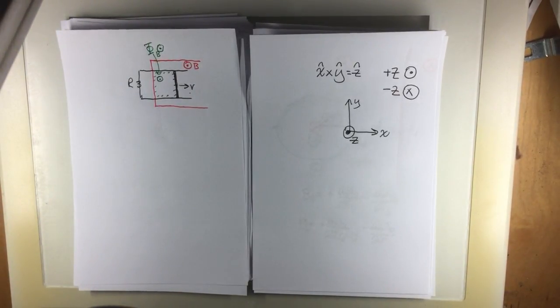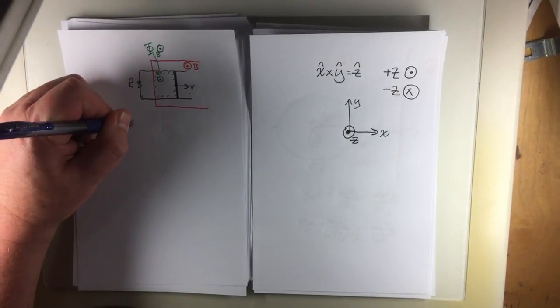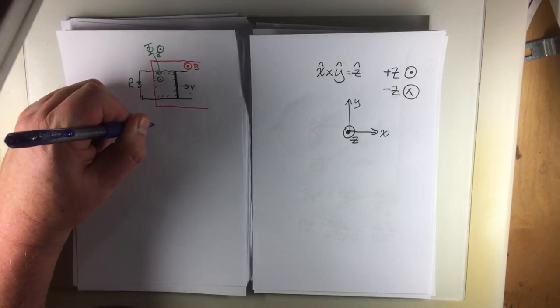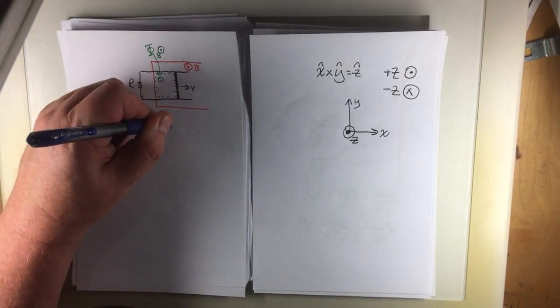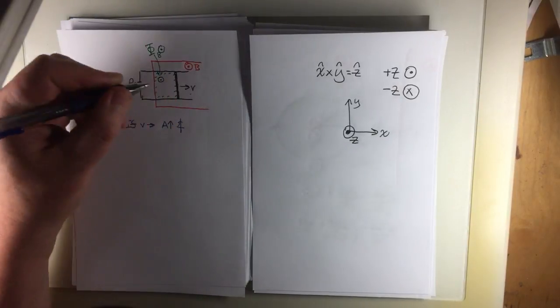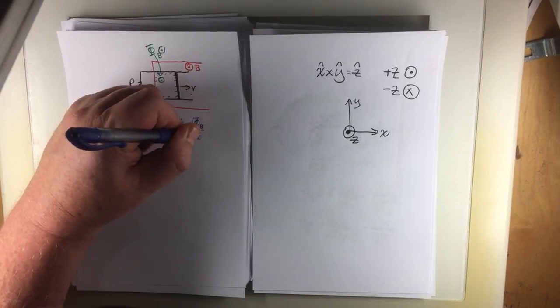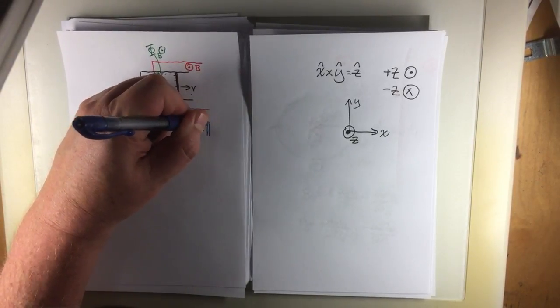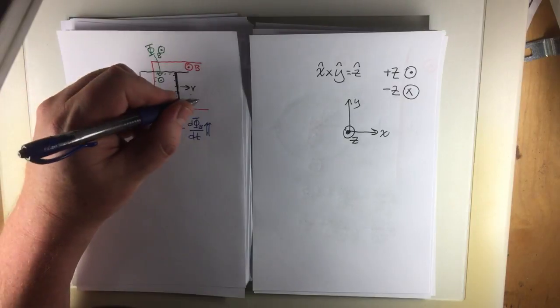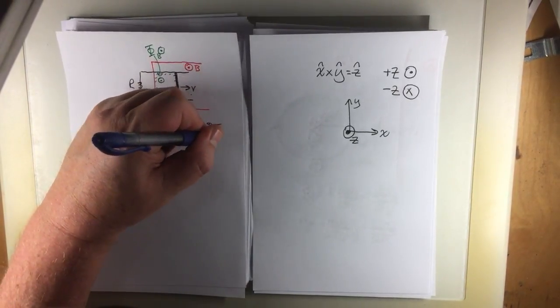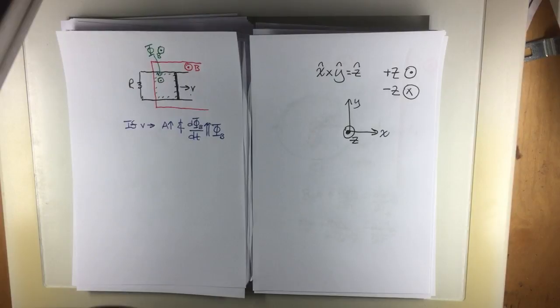Now, in situations that we've talked about, and this is kind of a new thing that I've thought of, it makes sense when you think of it. If the velocity is to the right, area increases and d phi B dt is parallel to phi B. Because if the bar is going to the right, the area is increasing.